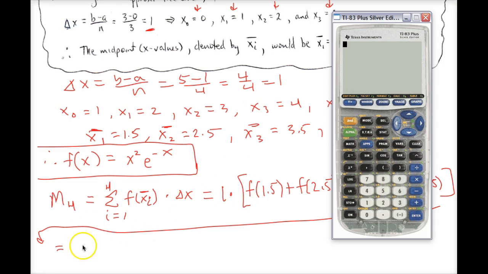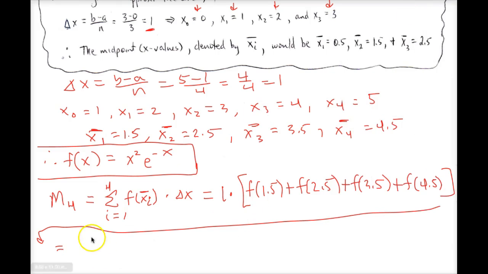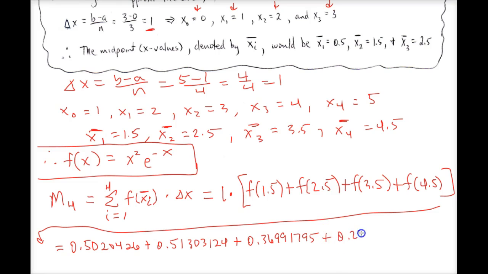So in doing that, I'll just go ahead and list everything here, and then we'll give the total. So here we have 0.5020426 plus 0.51303124 plus 0.36991795 plus 0.22495718.